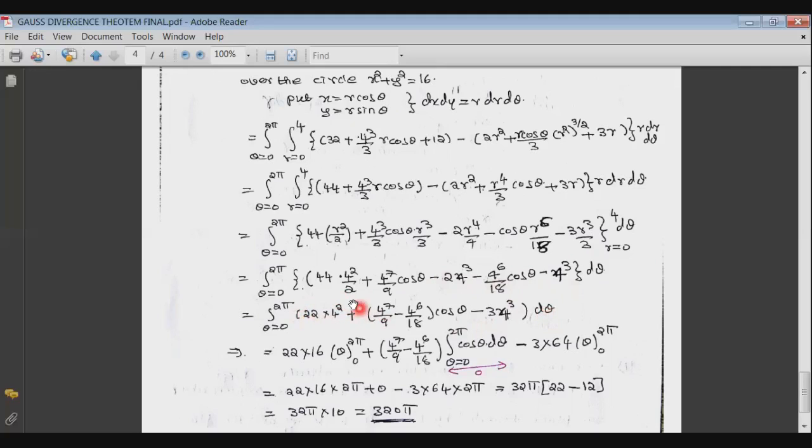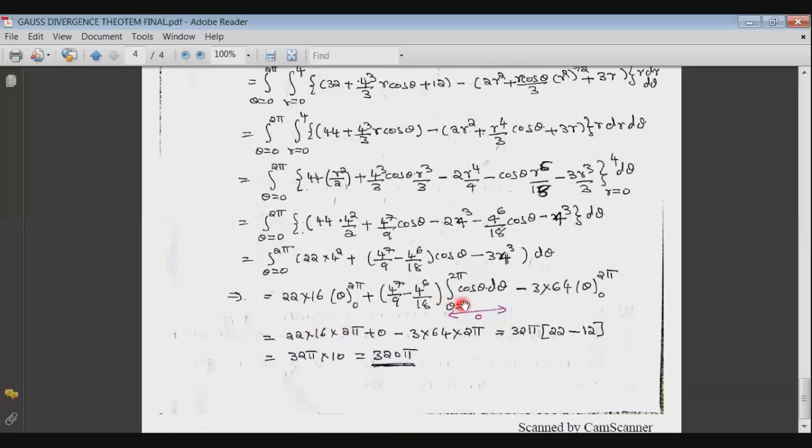The first term is constant, so 1 with respect to theta is theta, from 0 to 2 pi, because 4 square is 16. The second term we integrate with respect to theta over the limit 0 to 2 pi, minus 3, and 4 cube is 64.